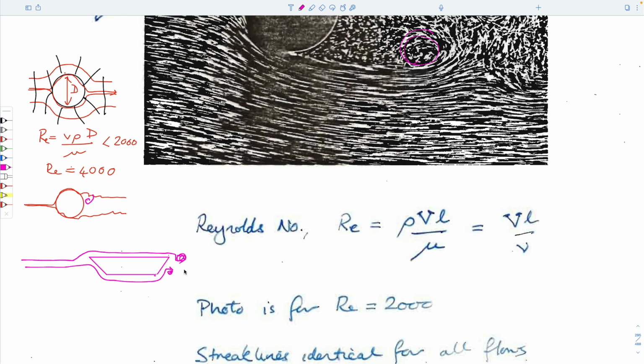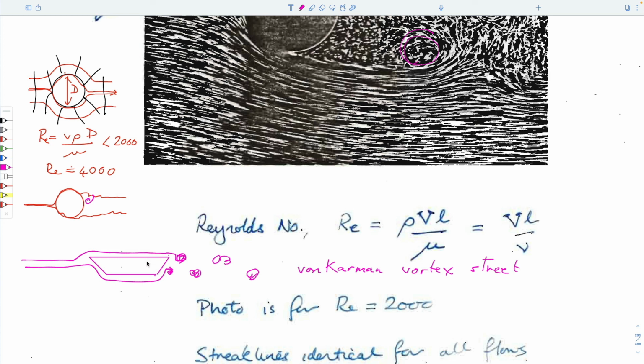It's then going to release a vortex here, and these all get carried down in what we referred to as a vortex street. So it's a von Karman vortex street. Not sheet, but street.